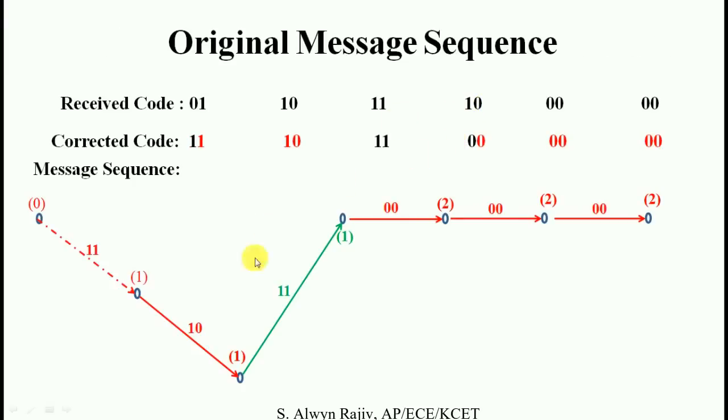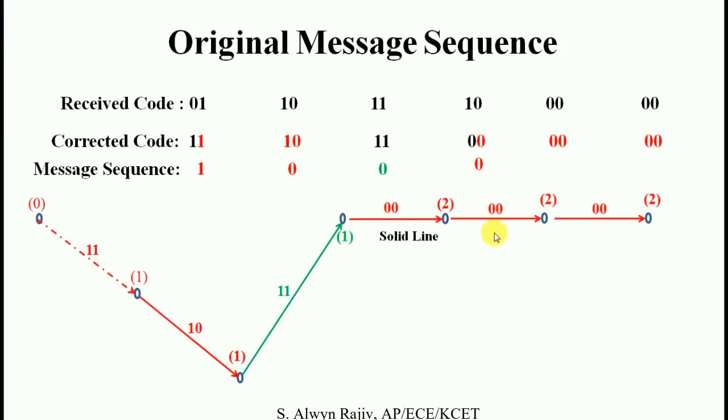Next we are going to find the message sequence. First, this is the dotted line. The dotted line represents 1. Next, this is the solid line. This solid line represents 0. Next is also a solid line, representing 0. Next is also a solid line, representing 0.